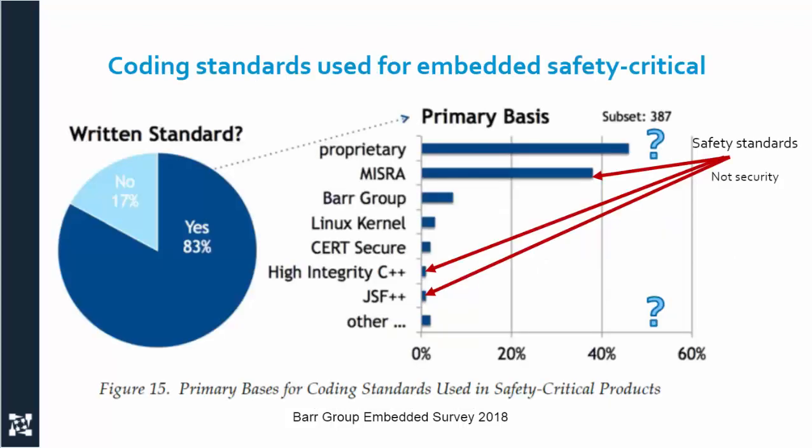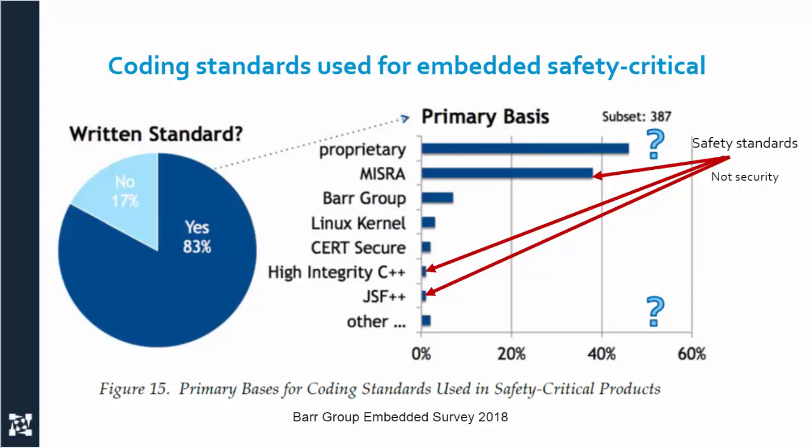We also like to take a look at what are the standards people are actually using. And this is kind of surprising to me because what we see is that still proprietary coding standards are a real strong thing being used. MISRA, it's there, it's growing. We have a couple other things, especially around modern C and C++, modern C++ really.